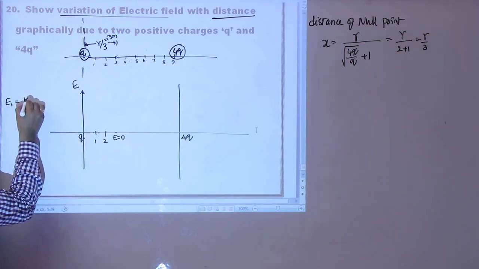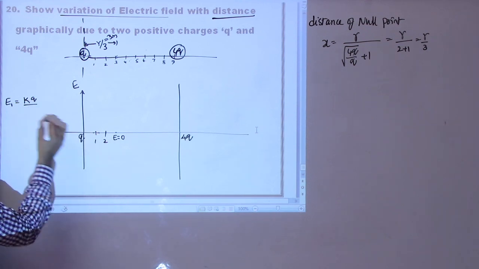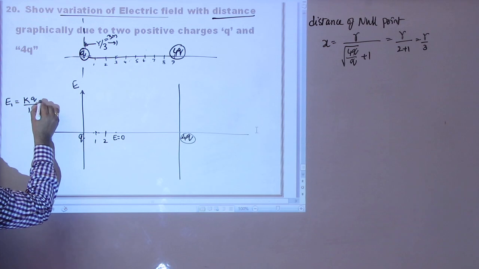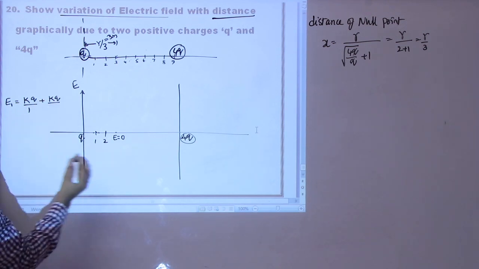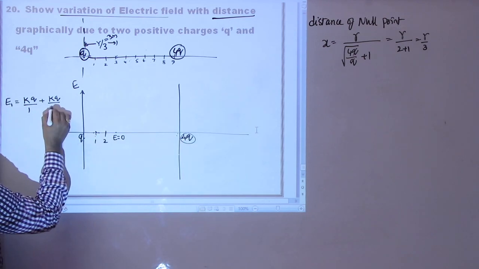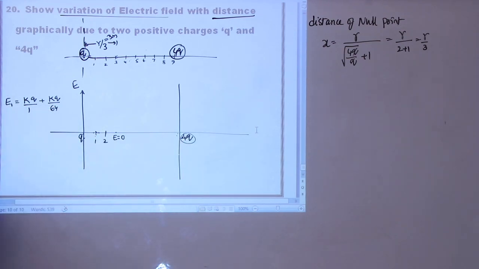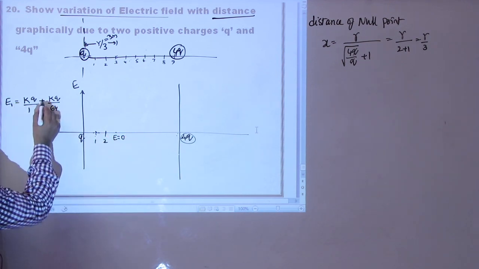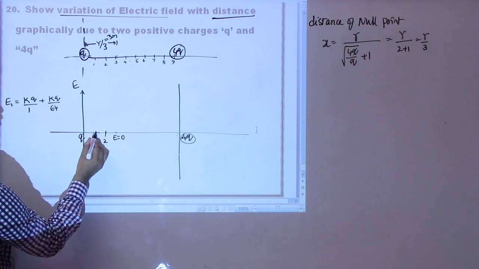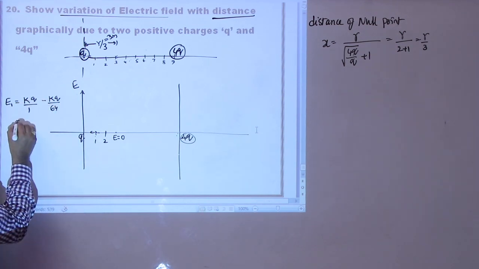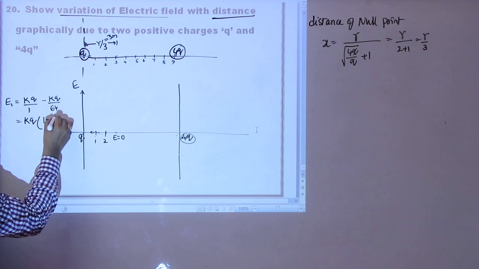Now what is the electric field at 1? Electric field at 1 due to this charge is kq by distance square, 1, and electric field due to the other charge at point 1 is kq by, this distance is 9, so this is 8 square, that means 64. Remember students, here the electric field is acting in this direction, so this is plus, but here the electric field due to the other charge will be acting in this direction, so this will be minus.